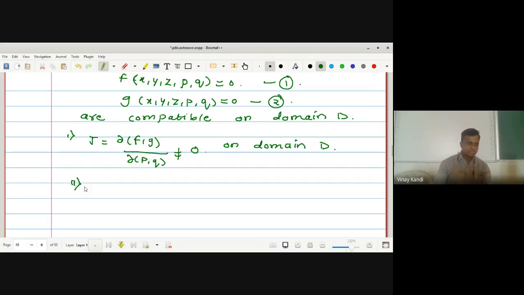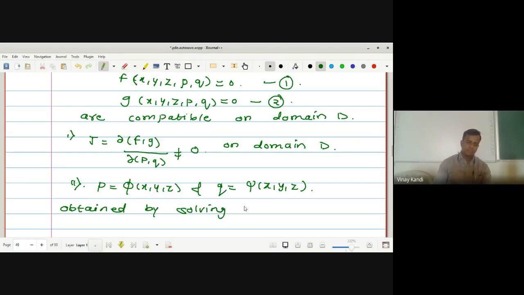And the second one is P is equal to phi of x, y, z and Q is equal to psi of x, y, z, obtained by solving 1 and 2.